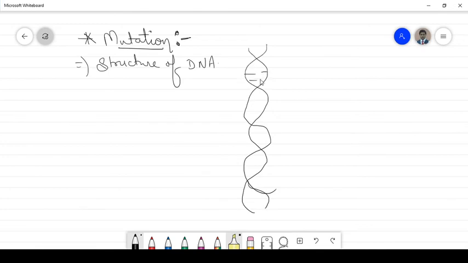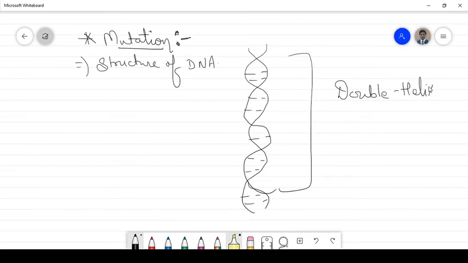So these are the nitrogenous base pairs. Now, this is a double helix structure. It is a what? A double helix structure. That is, it runs from 5 prime to 3 prime.